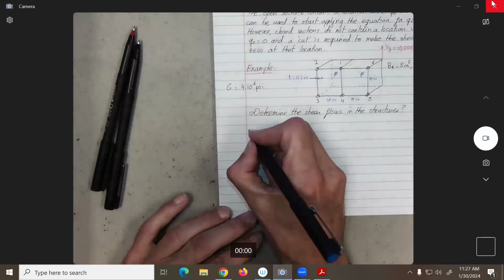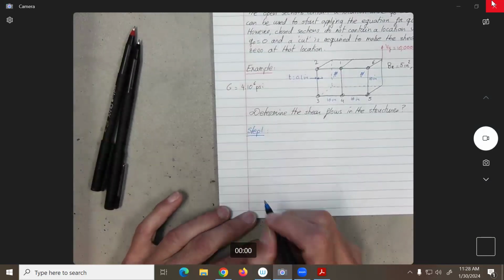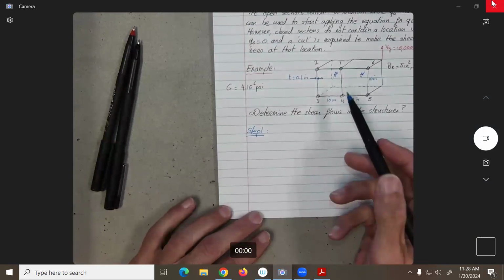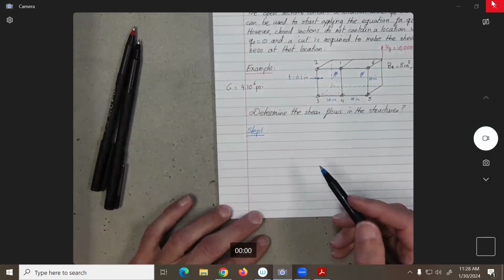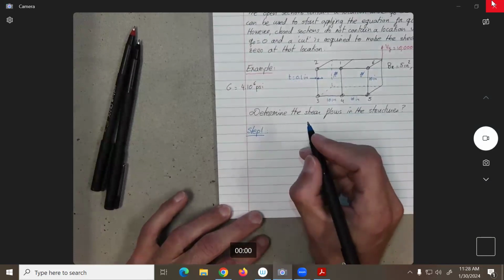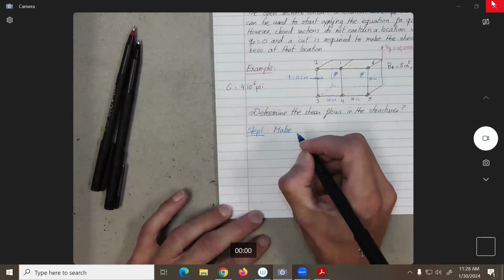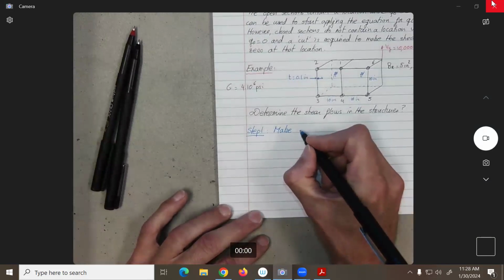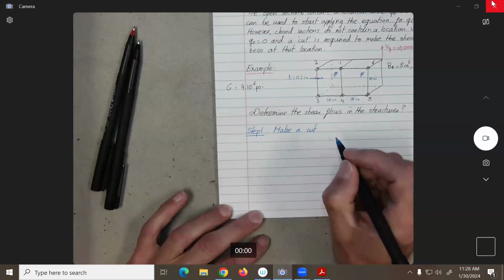So step 1 of the procedure: this is a cross section, so we need to make cuts in order to know where to start. So the first thing we're going to do is make a cut.